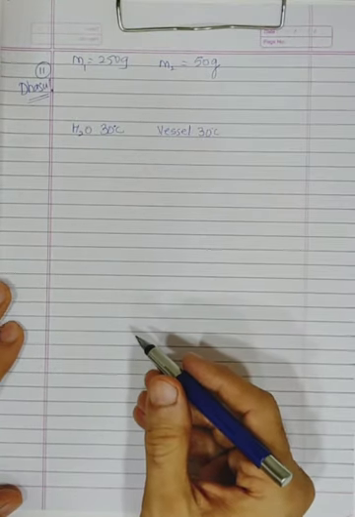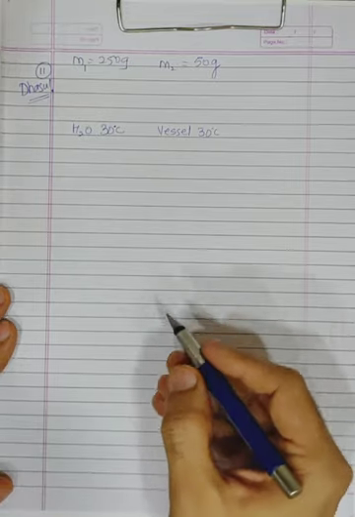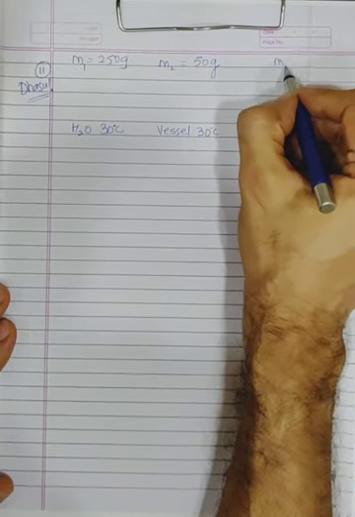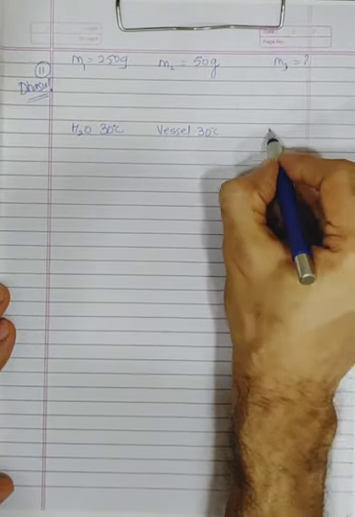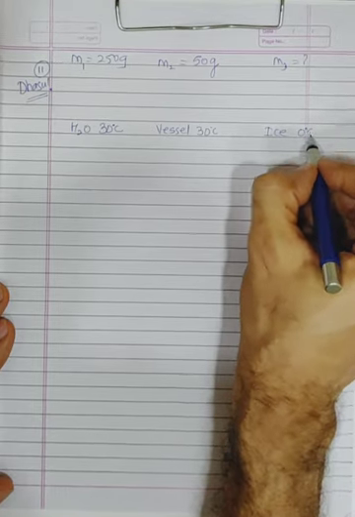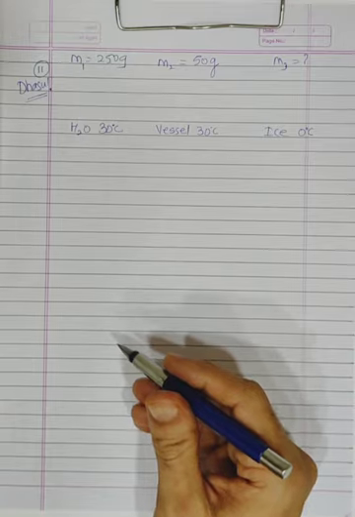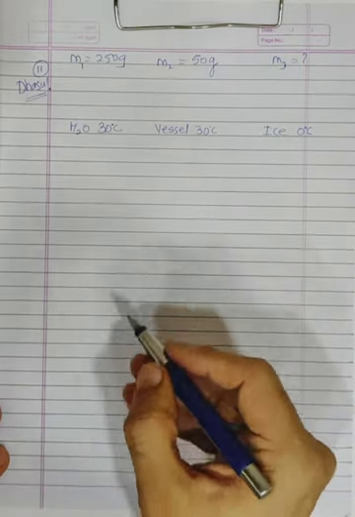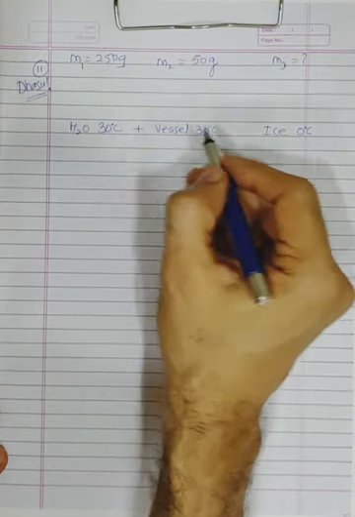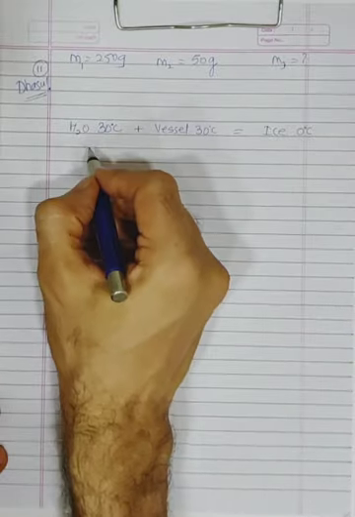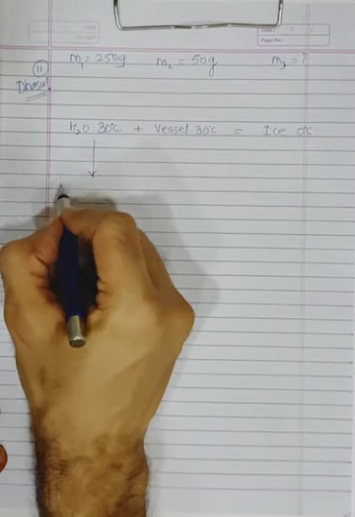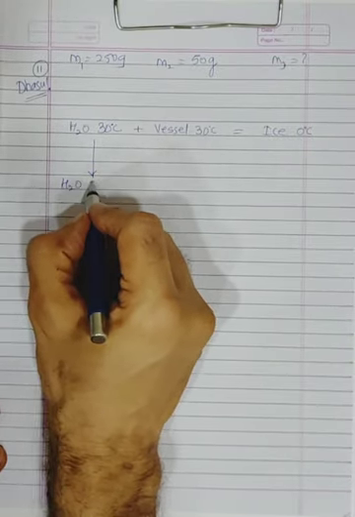Then they say calculate the mass of ice required. Now how much ice is required? So ice will be at what temperature? 0 degree. You want the final temperature to be what? 5 degree. So first, water and vessel, they both are giving out heat to ice. So water 30 will become what here? Water at 5 degree.